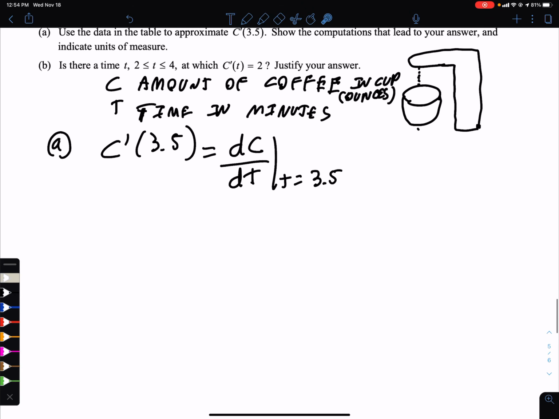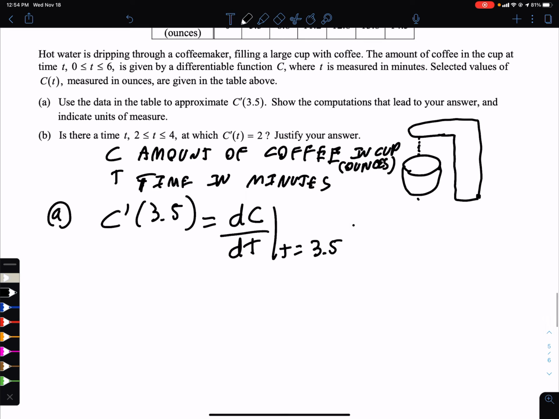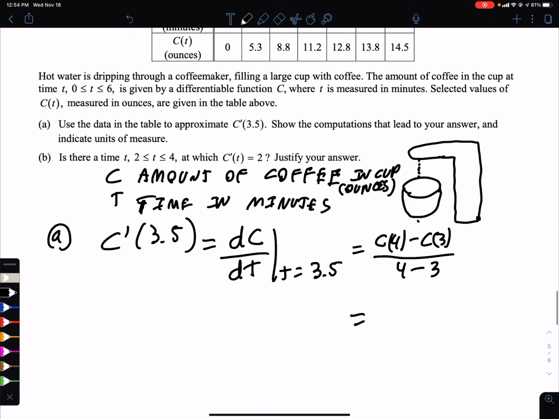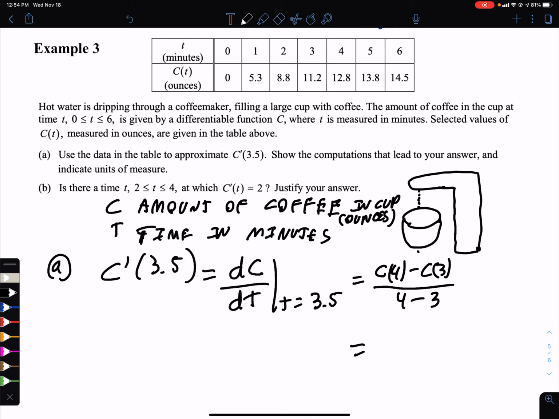So how do I approximate this? I do the average rate of change from 4 to 3. So I do C of 4 minus C of 3 over 4 minus 3. Well, C of 4, if we look at the chart, is 12.8 ounces. I guess OZ is ounces. I'd rather do that because I don't want to write it out.